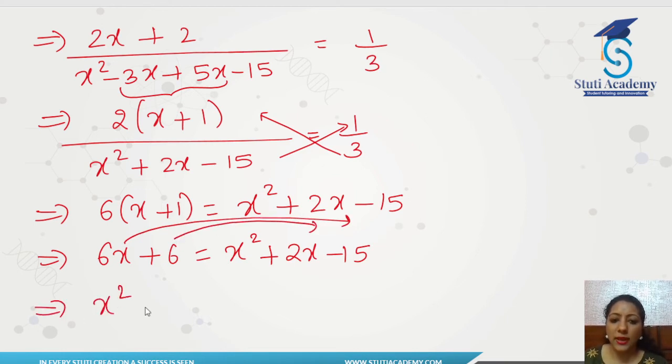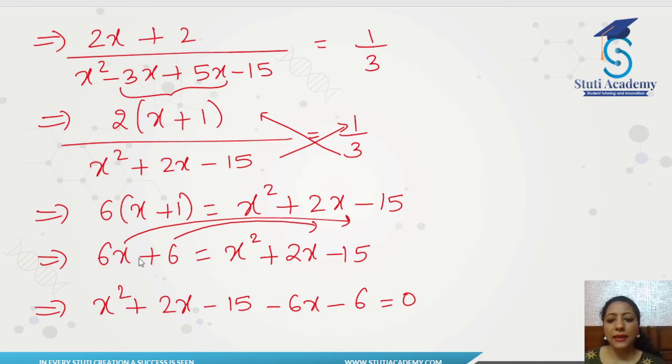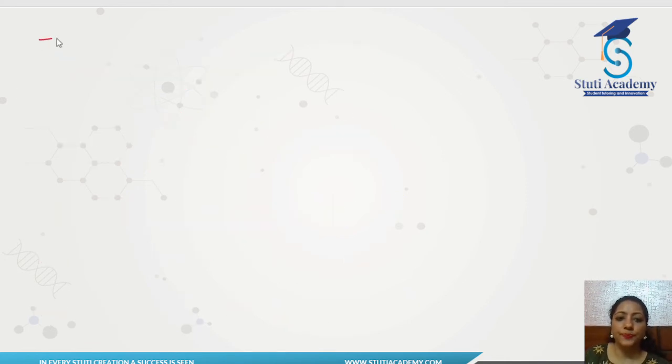So we'll get x square plus 2x minus 15 minus 6x minus 6 is equal to 0. So please notice here we have taken 6x and 6 on the right hand side, and the signs have got reversed. That's now minus 6x and minus 6. Now we'll combine the like terms. We can combine these two and we'll get here minus 4.